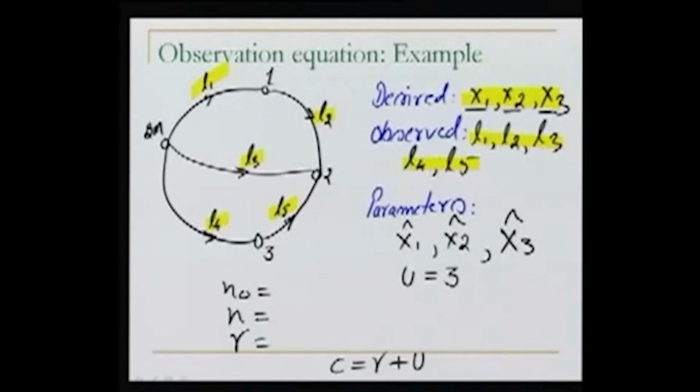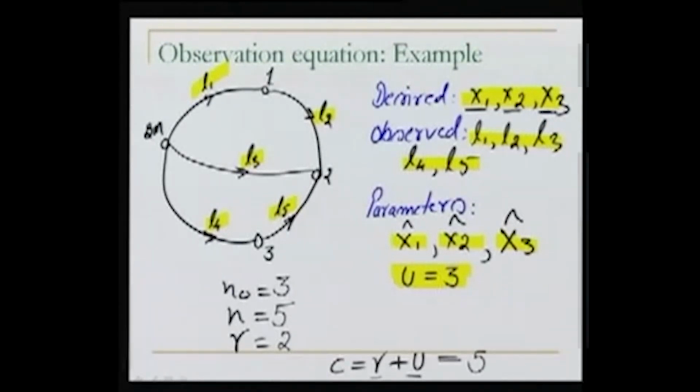Now what are the model parameters? The unknowns. The unknowns are the final estimates of x1, x2 and x3. So the total number of unknowns in this problem is 3, and we have seen before that n in this case is 5, so r is 2. So the C will be r plus u, so that is equal to 5.